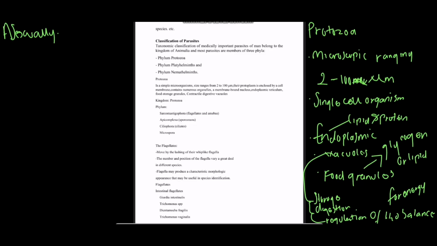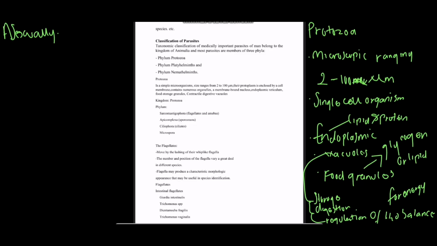Let me refresh your brain back to basic biology. In taxonomy, we have the kingdom, the phylum, the subphylum or class, the order, the family, the genus, and species, right?